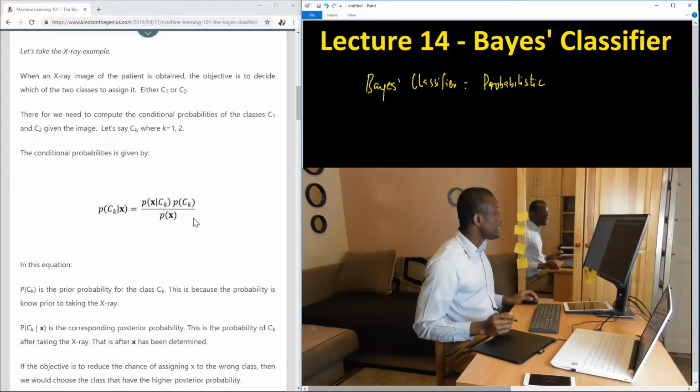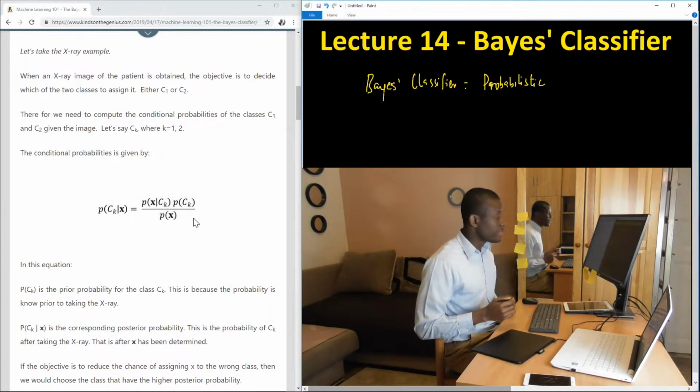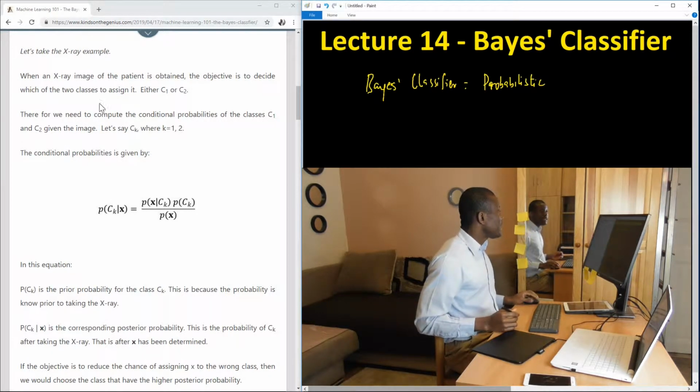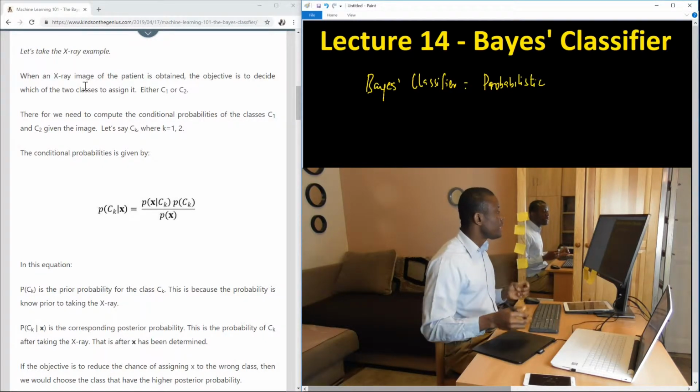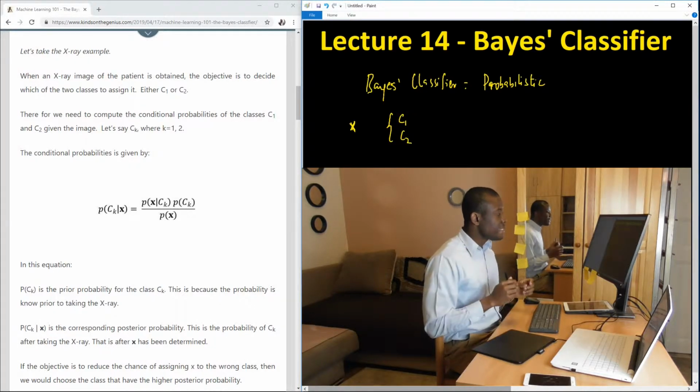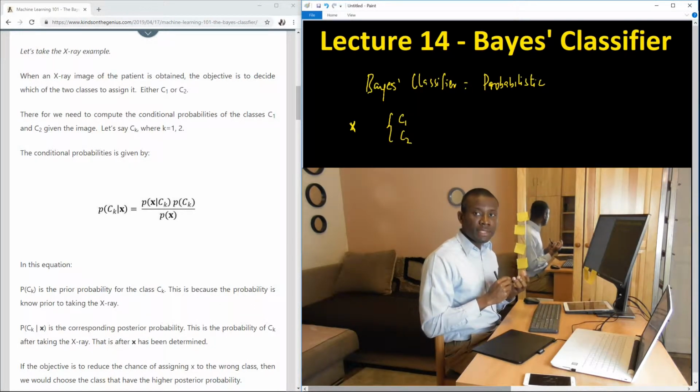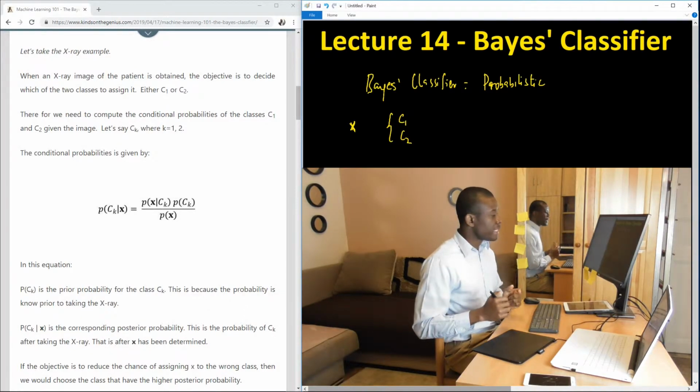In the case of the cancer diagnosis example, here we take an example. The X-ray image of the patient is obtained, and we have this X-ray image, let's call it X. And we need to assign it into either C1 or C2. So in this case, we have the X-ray image, but we do not know the class.